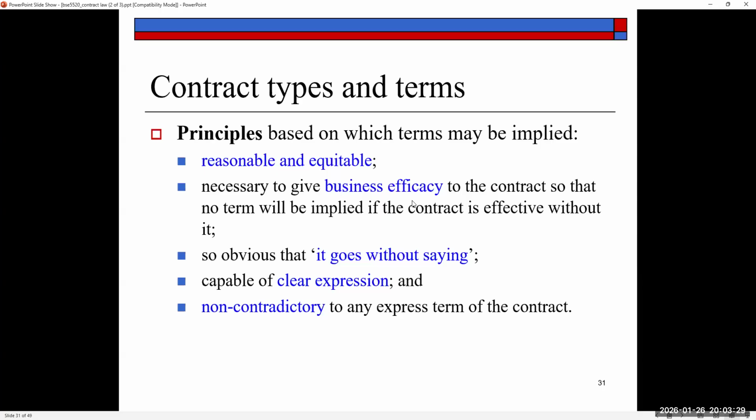Necessary to give business efficacy, as mentioned earlier. If we do not allow such terms to be implied, that would affect the effectiveness of the contract. That's why we will allow such terms to be implied, even though they are not stated. It's so obvious that it goes without saying. Expected. It's common everywhere. Everybody expects that.